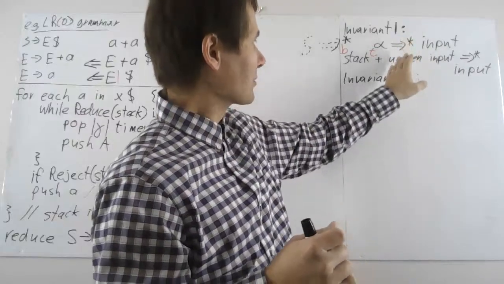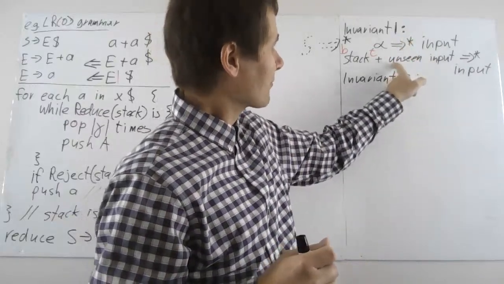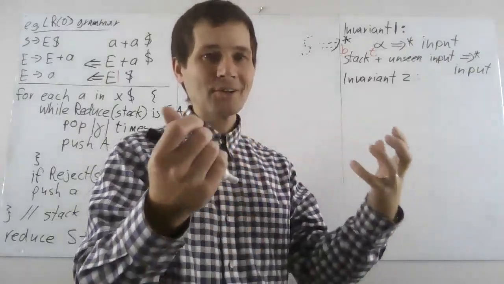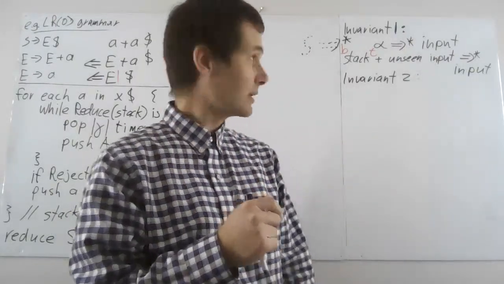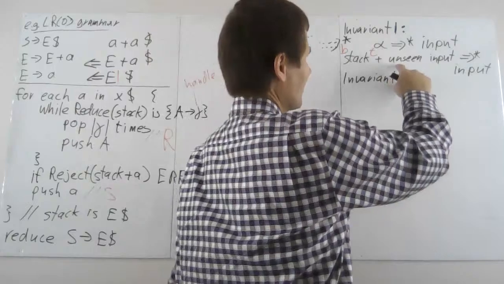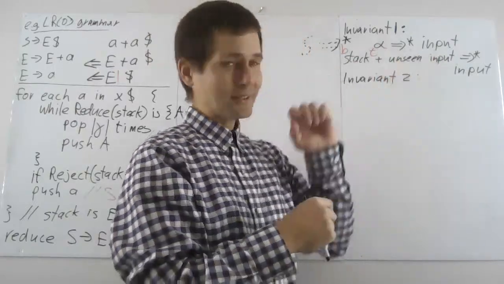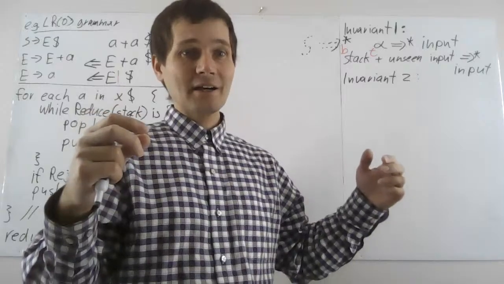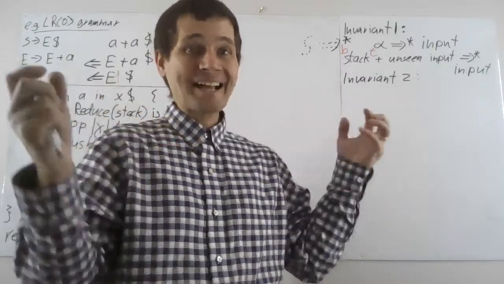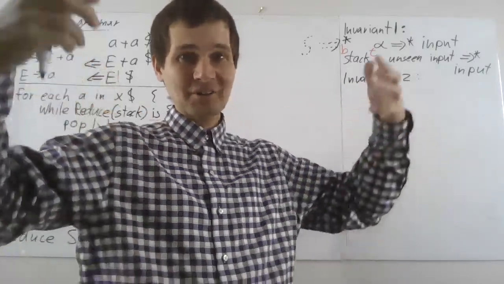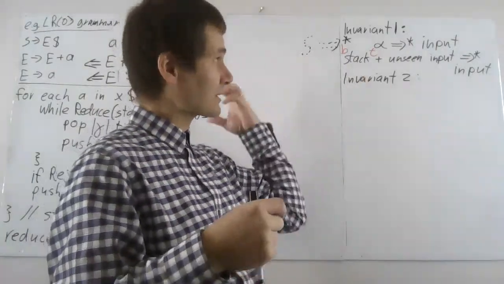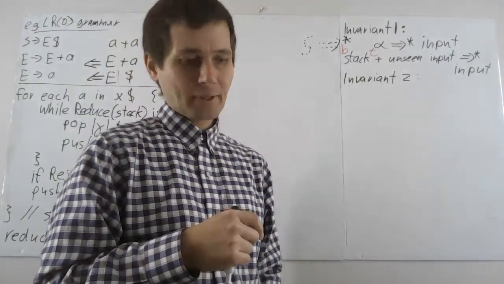I'm going to forget about the unseen input, and make an optimistic assumption about it: that the rest of the input is exactly the input I want, the most optimistic input that is going to make the parse succeed.